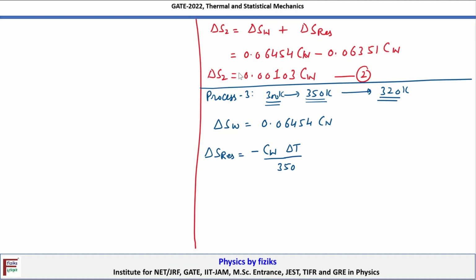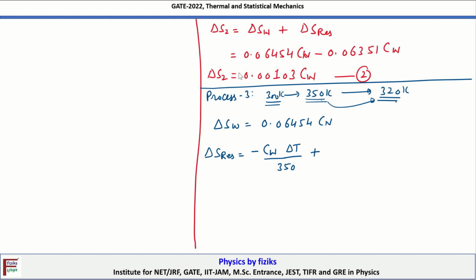350 Kelvin. Okay, and then now the water has reached 350 Kelvin. Now the temperature has to be brought down to 320 Kelvin. So when we place the water which is at 350 Kelvin in contact with the reservoir which is at 320 Kelvin, the water is going to lose heat to the reservoir.